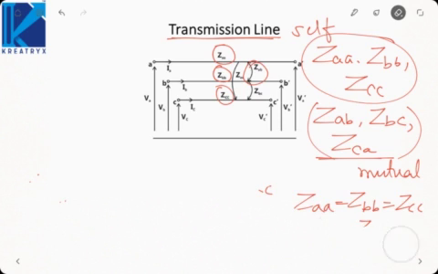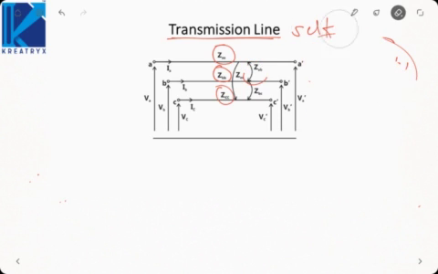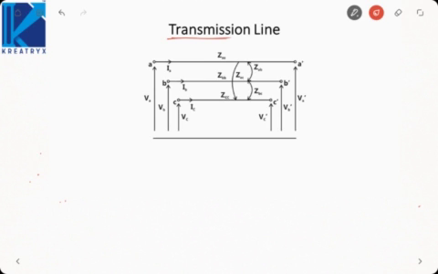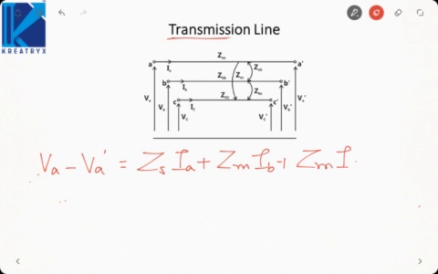Now let us write the KVL equation for these transmission lines. For the phase A, VA minus VA dash will be ZS into IA plus Zm into IB plus Zm into IC. That is, the voltage drop will be due to all the three phase currents.